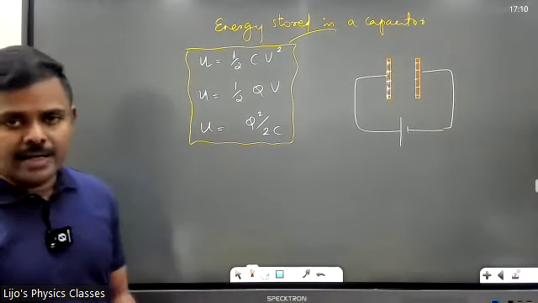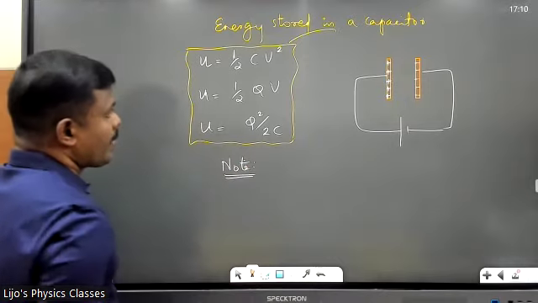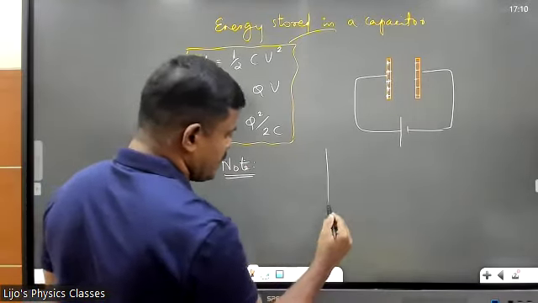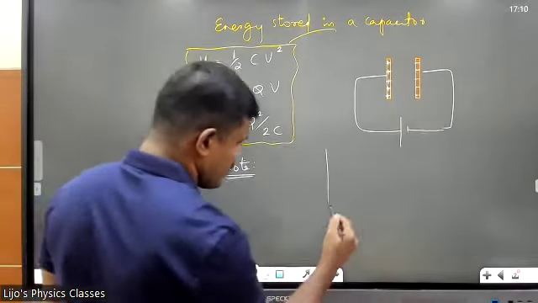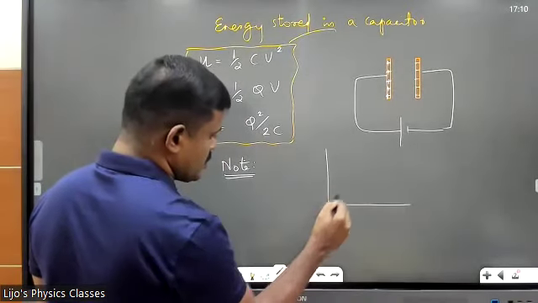It is given by, as I've written on the board, U is equal to half CV square. U is equal to half QV.